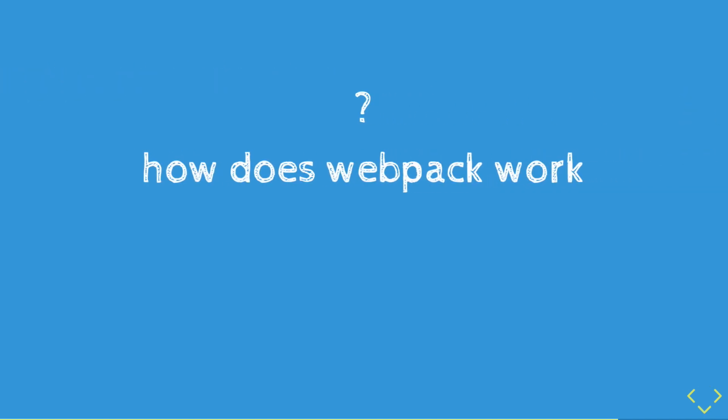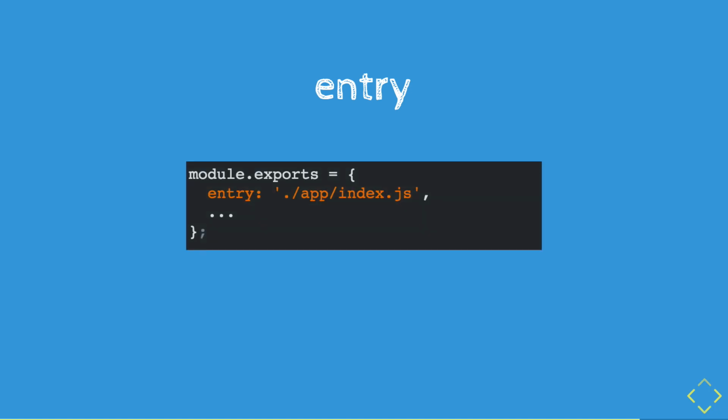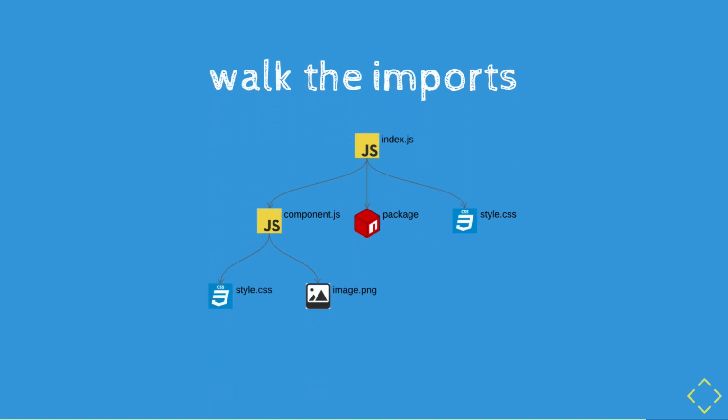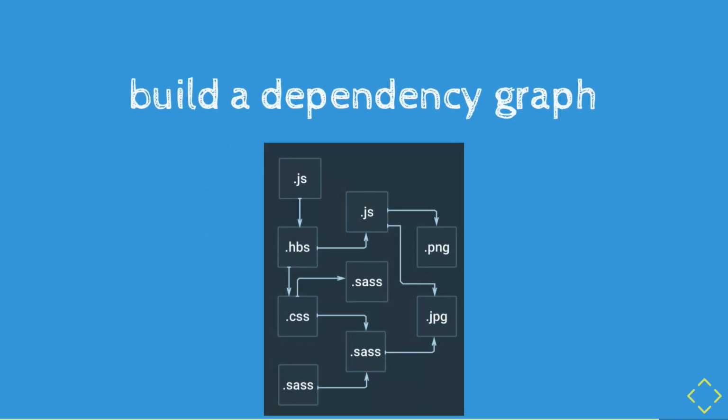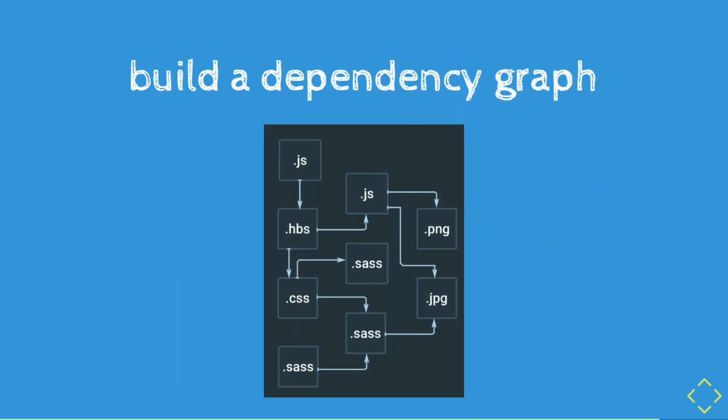All right, let's talk about how Webpack works. So we already talked about an entry, but Webpack takes that file that you specified as the entry point, for example, app/index.js, and it walks all the imports from there. Builds a dependency graph.